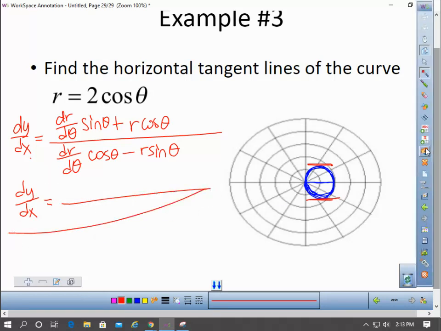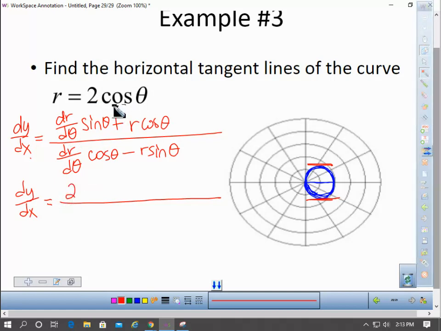So now the first thing I need to do is I need dr d theta. That means I'm finding the derivative of the function r in terms of theta. So the derivative of this is going to be 2, but the derivative of cosine is a negative sine. So I'm going to have a negative 2 sine for the dr d theta in front of the derivative on both top and bottom.